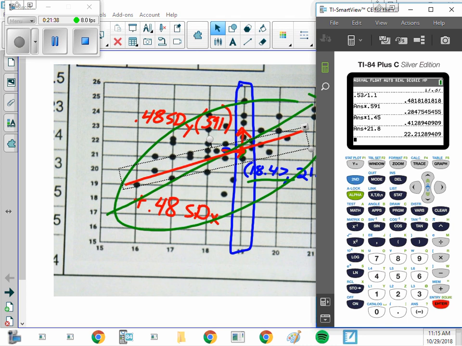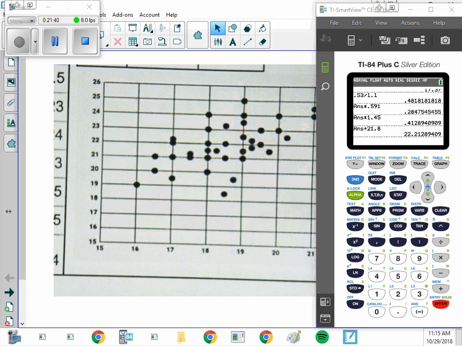Okay, let's do the same thing, but with number 6. If we know that a male has a leg measurement of 20.25, what would be his expected arm measurement? So my point of averages again is 18.47, 21.8. Where is 20.25?